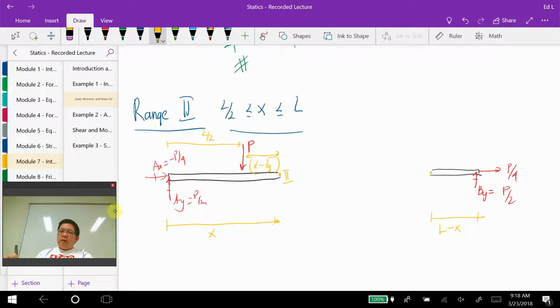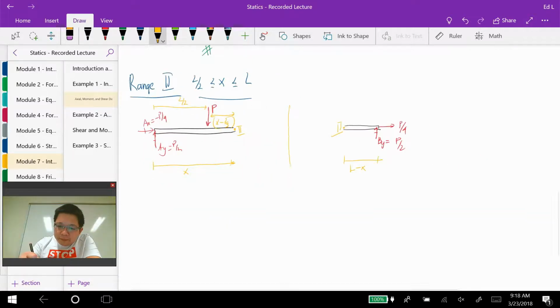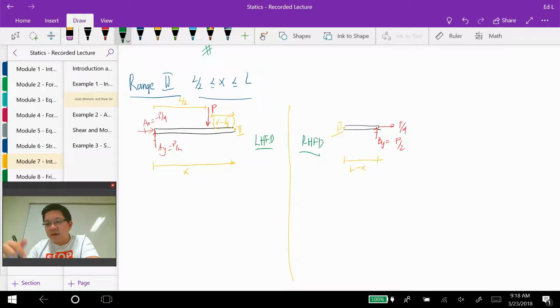Cut number 2 is located at a distance x from point A. So this is our left hand free body diagram, and this is our right hand free body diagram. It turns out the right hand free body diagram is the easier choice, but I will show you how to perform the calculations using both diagrams.